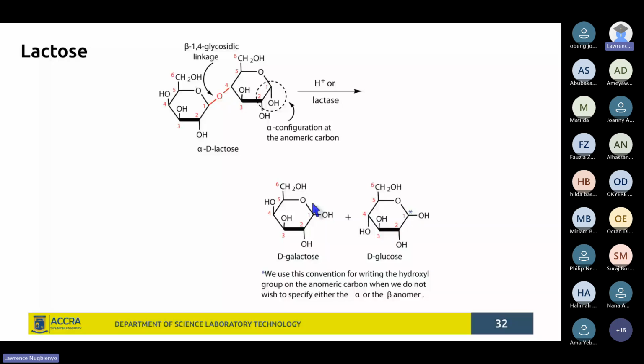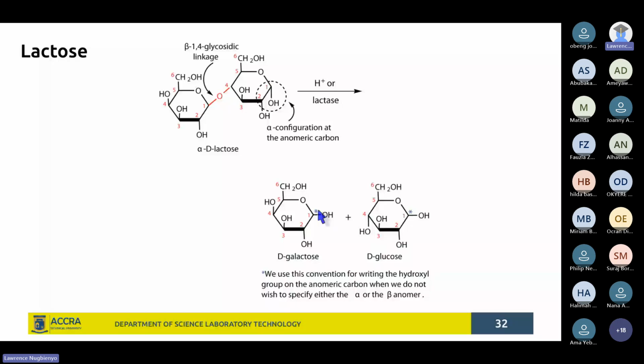But here you are seeing something else, where the hydroxyl group is written by a horizontal bond, and there is an asterisk on it to tell you that if you are drawing a structure and you don't want to show whether it's an alpha or beta, particularly if you are not sure, or you want to leave it open so that it can be alpha, it can be beta, and both of them will react. So that is what is being shown here.